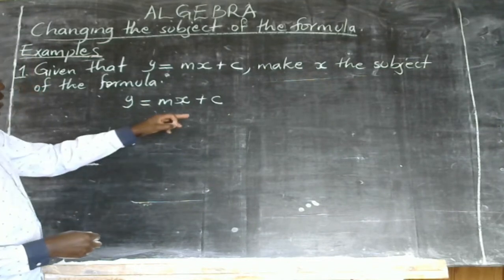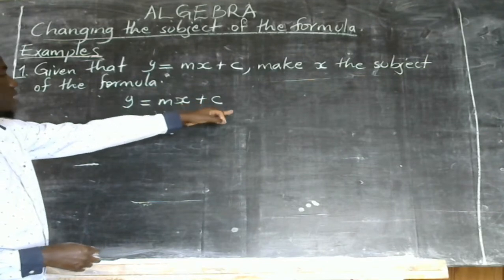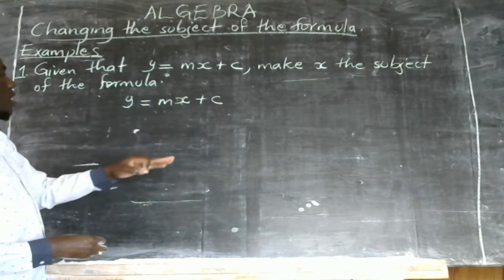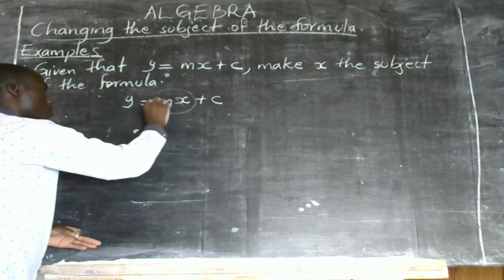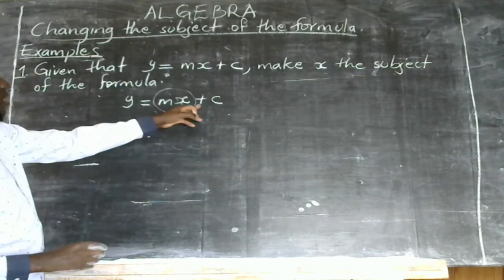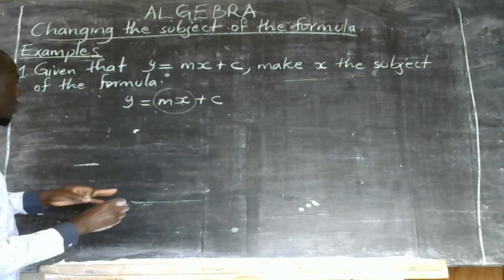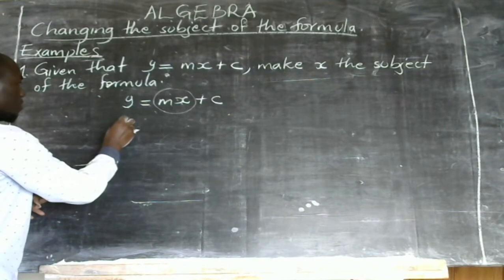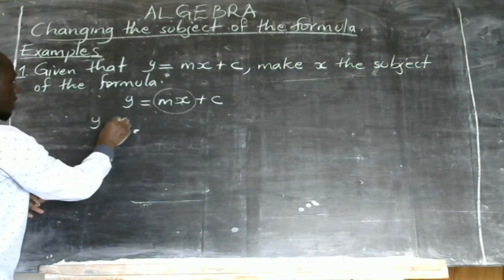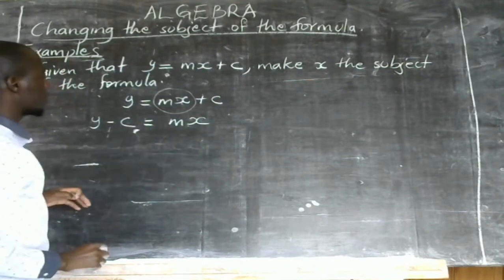Now I'm going to first take c or eliminate c from the other side, because it is still attached to the x with an operation of addition. So you subtract both sides by c. So this is going to be y minus c is equal to mx.